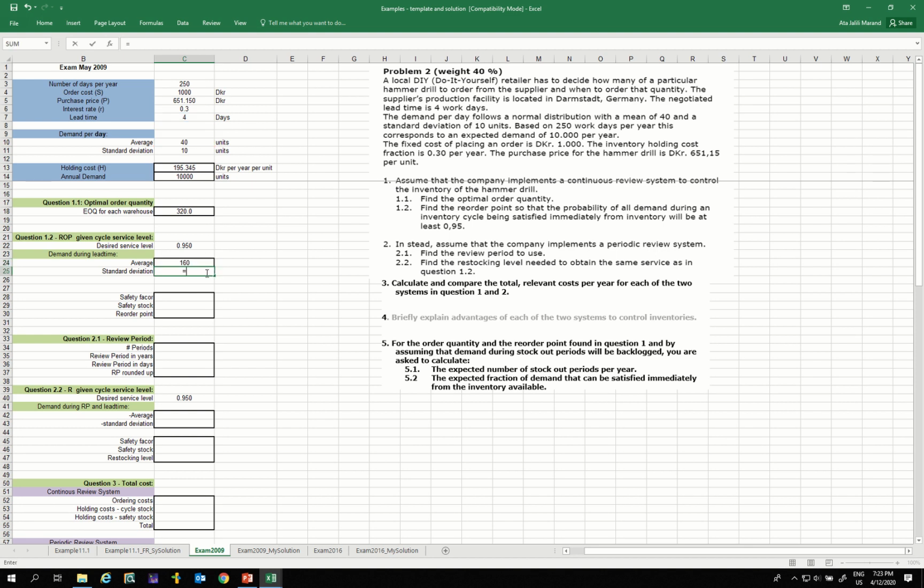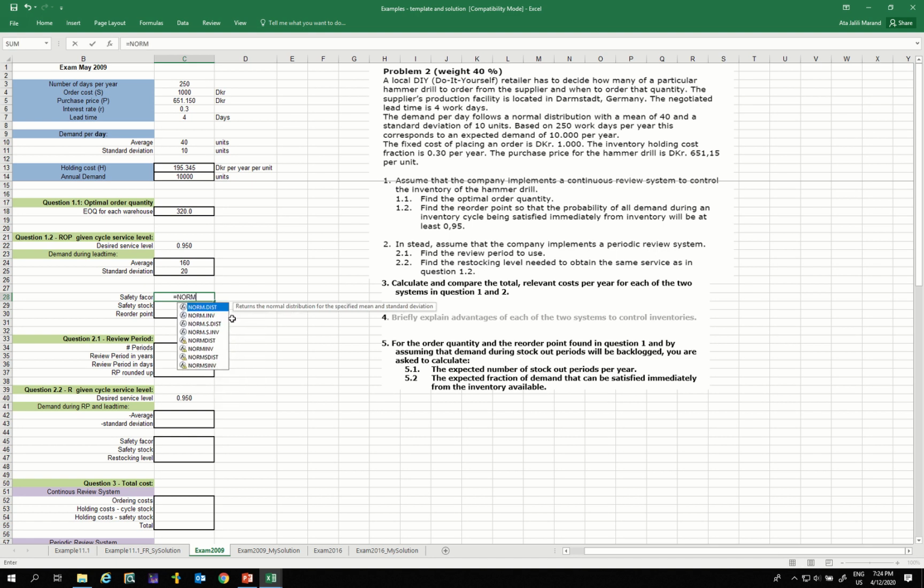And then for the standard deviation of demand during lead time, we need to multiply the square root of the lead time by the standard deviation of demand per day. So it is 20. Good. Now we can calculate the reorder point. To do so, we need to calculate the safety factor.